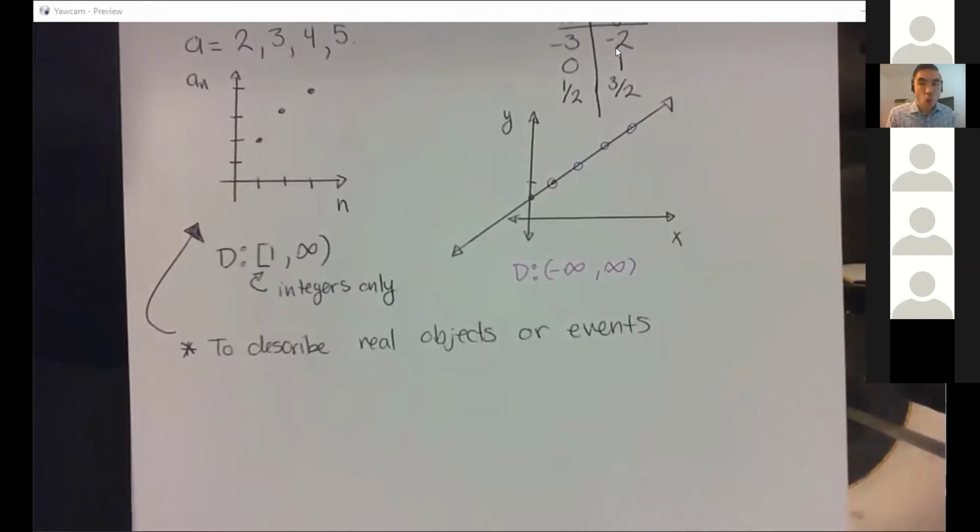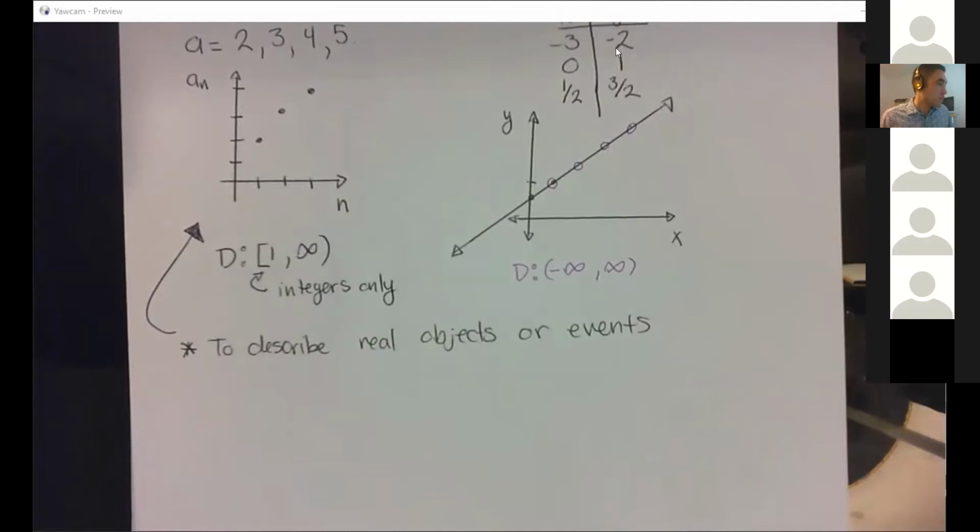Or if you're using statistics to talk about some sort of medical trial, can you have 3.5 patients? You might be able to generate that number on some sort of weirdo average, but in terms of plugging in values, for most real life cases, you can only plug in integer values because you can only count whole numbered objects. And so we have a math object that does that. That object is called the mathematical sequence.